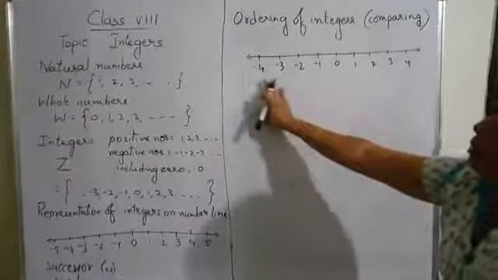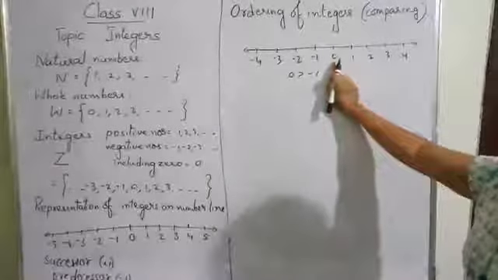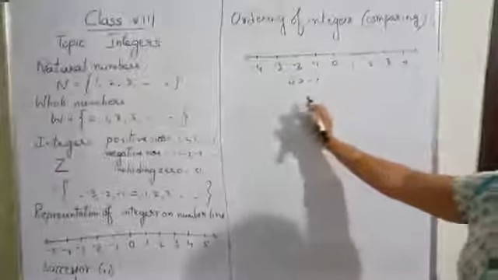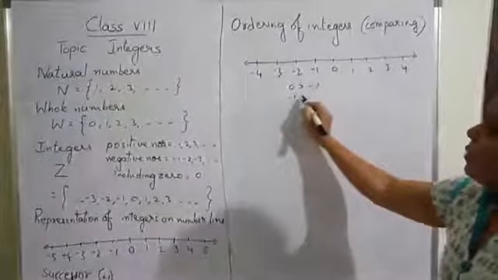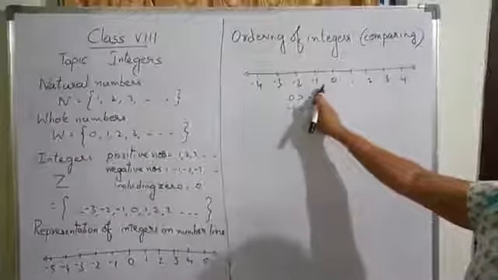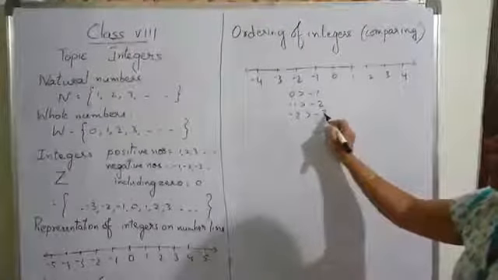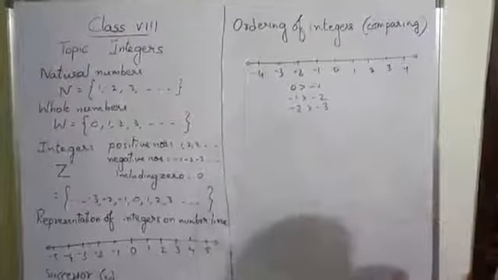When you come to the negative numbers, it's completely different. See, 0 is greater than minus 1. Why? Because it lies to the right side of minus 1. And minus 1 is greater than minus 2 because minus 1 is to the right side of minus 2, and minus 2 is greater than minus 3, and it goes on like that.